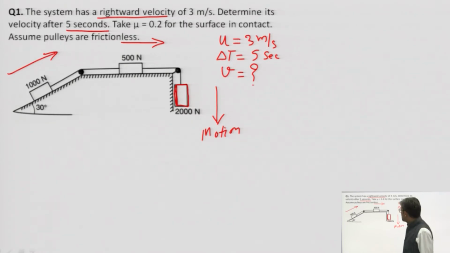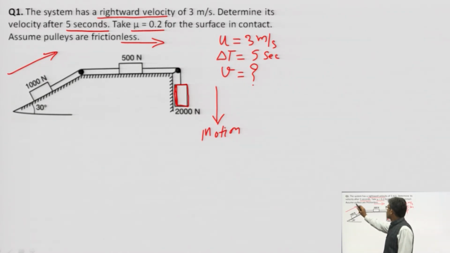The coefficient of friction is given to us as 0.2 for all the surfaces in contact, and we should assume that the pulleys are frictionless, meaning frictionless and weightless also.